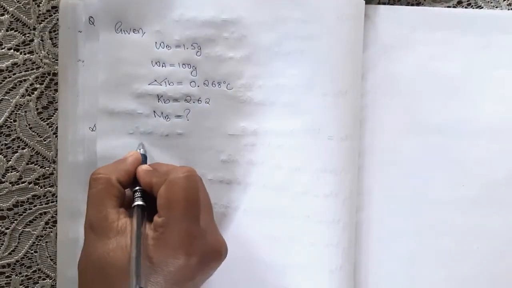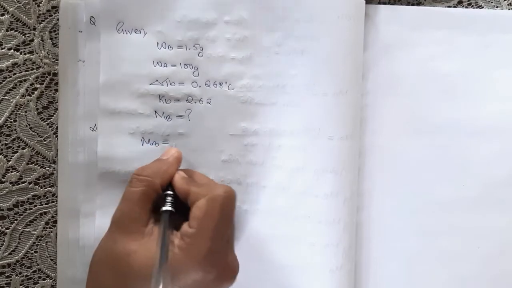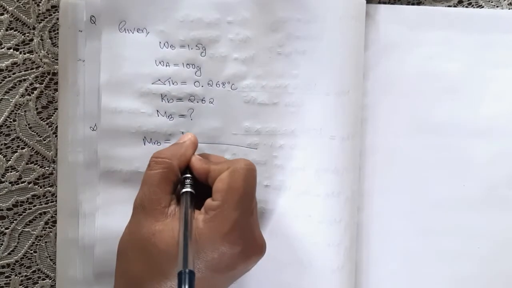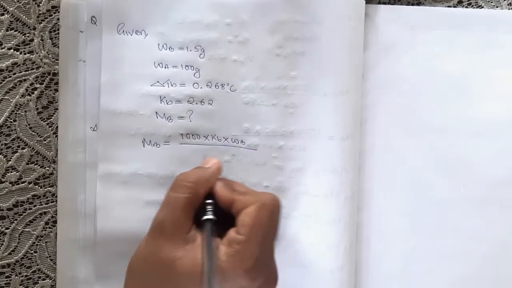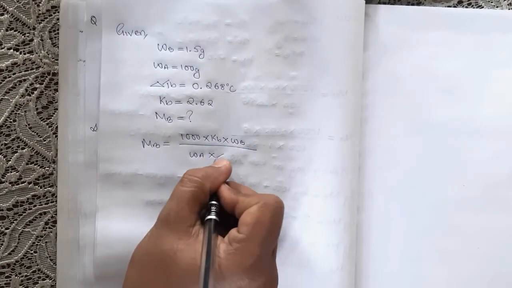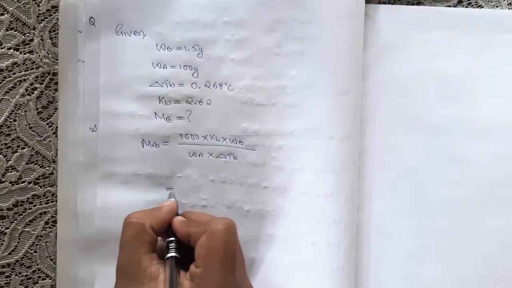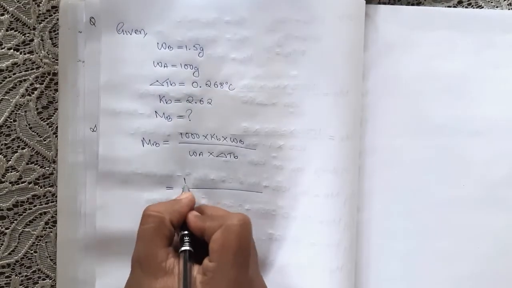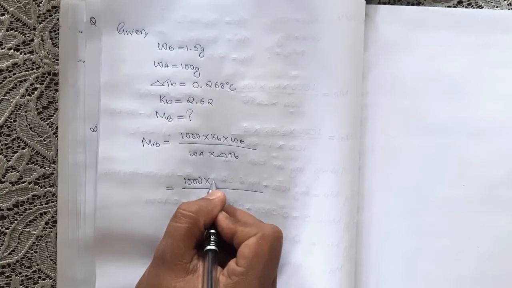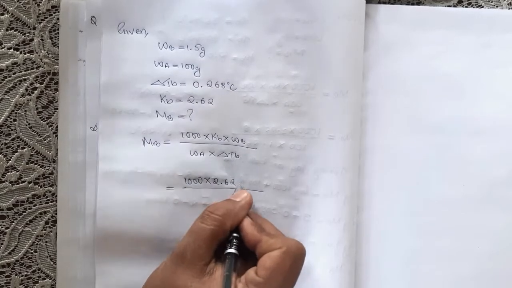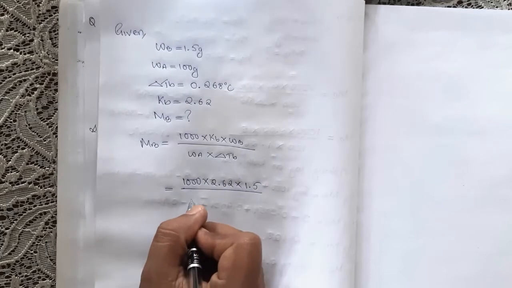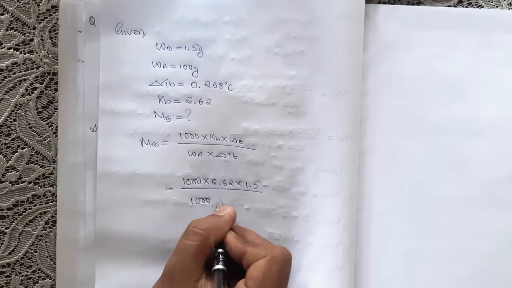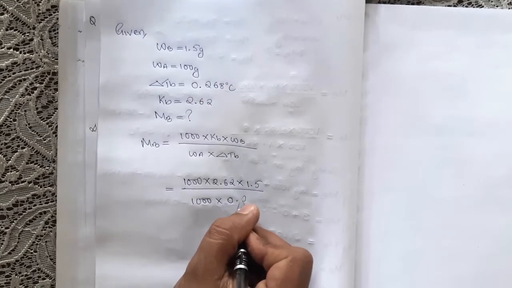So we have the formula MB is equal to 1000 into KB into WB, over WA into delta TB. So right away we can put down the values. WB is 1.5, WA is 100 into 0.268.